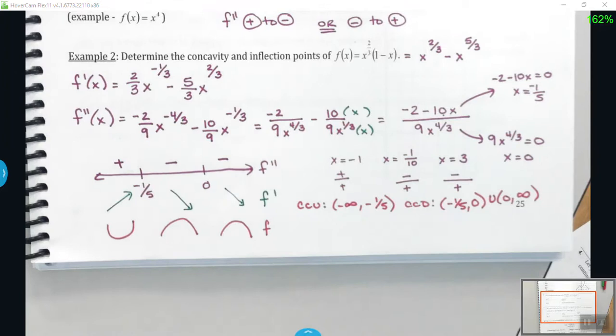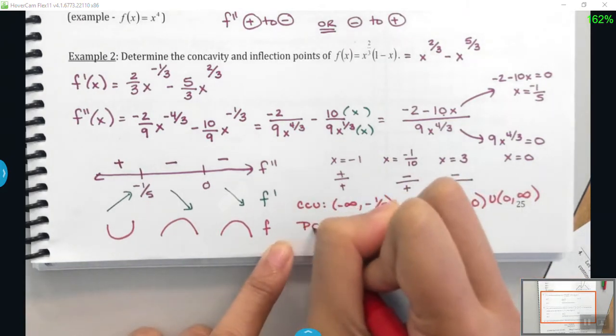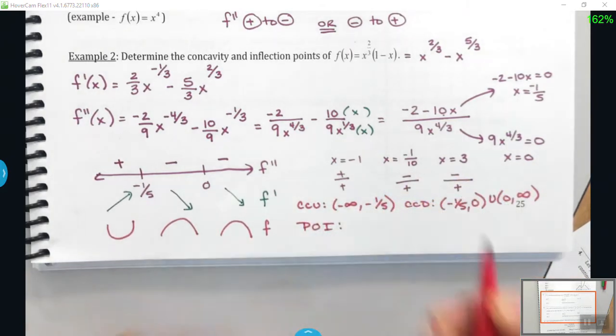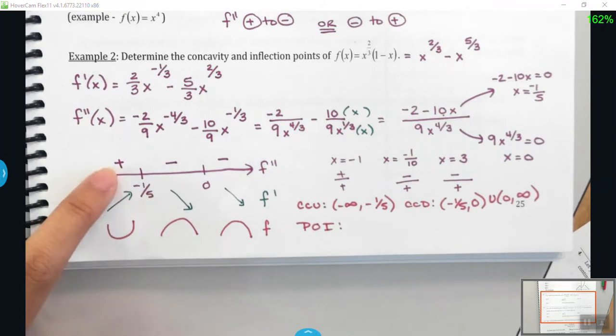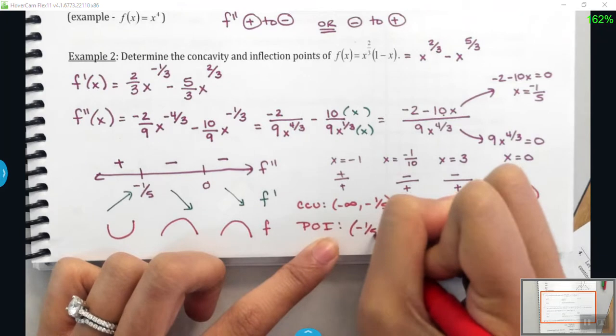Something funky has happened at 0, so you can't say it at 0. We've got a point of inflection at negative 1/5, because it goes from concave up to concave down. So we say negative 1/5, comma.